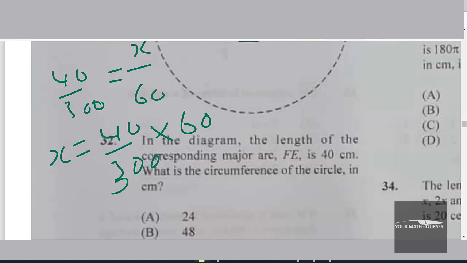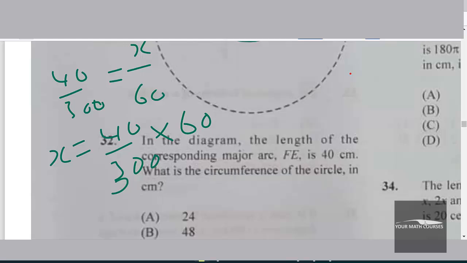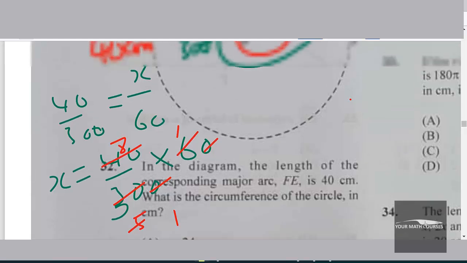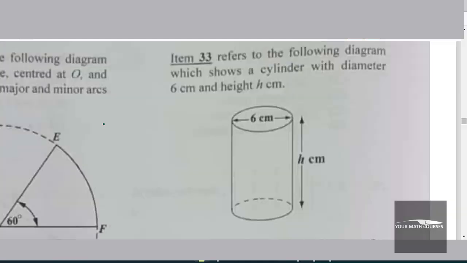So let's find out what that will give us. So this will cancel this. 6 will go here, 1, and 6 will go here, 5. 5 will go here, 1, 5 will go here, 8. That will be 8. So the full length of the circle will be 8 plus 40, which is 48. So that will be the answer.